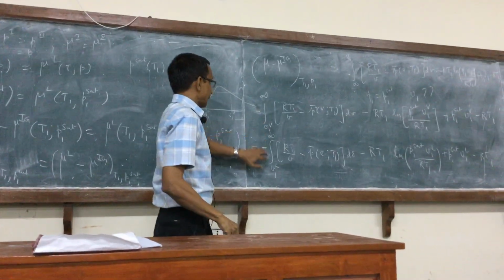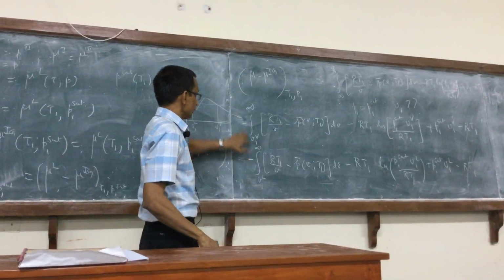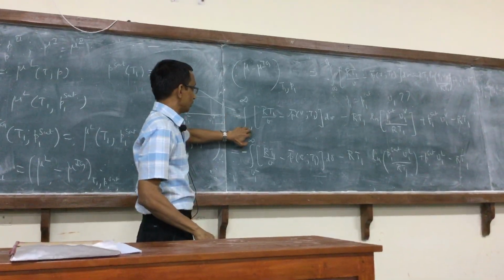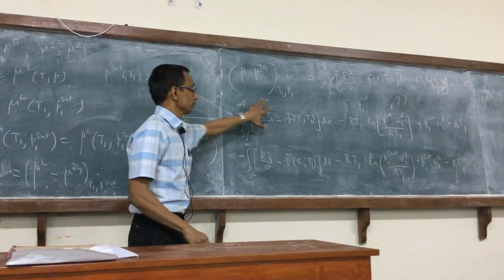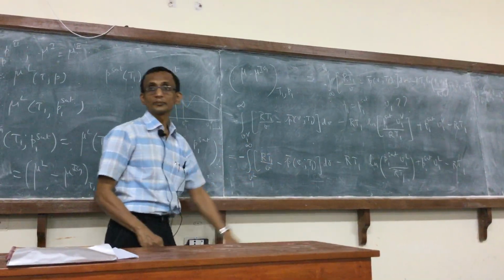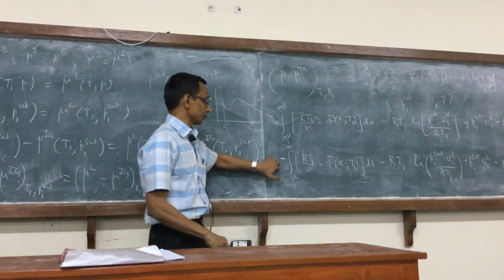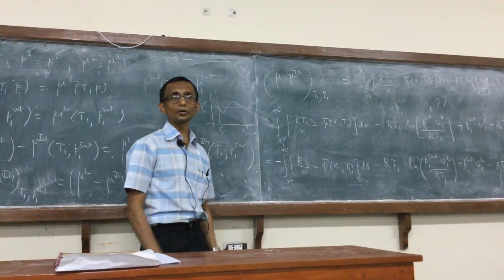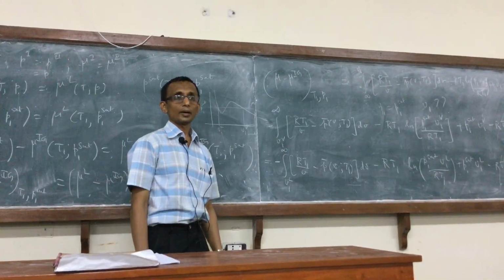Now if I subtract, right, so minus is there. What I am getting is minus integral V1V to infinity. The integrand is the same, right? This is going to be subtracted. So plus integral V1L to infinity, you will get.